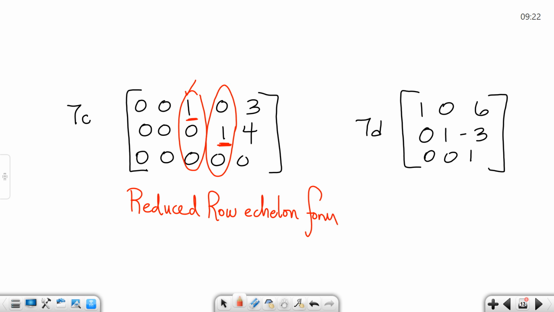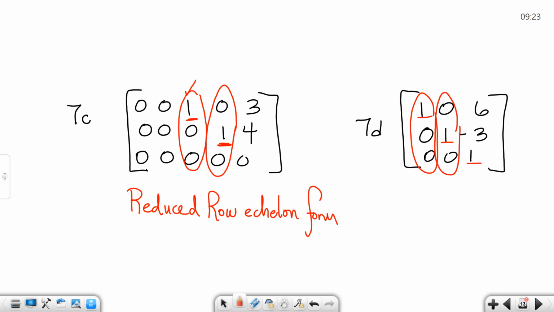Okay, so now let's look at 7D. When you look at 7D, it has 1s on the main diagonal, which is always an easy thing to notice. Every 1 that it has is to the left of the 1 in the preceding row, so that looks good as well. If I look at this column right here, it has the 1 and the zeros, great.